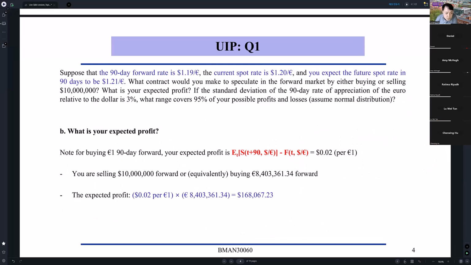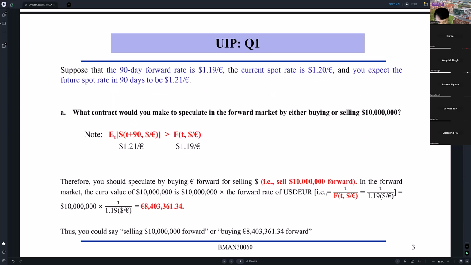Then question 2 asks you to compute what is your expected profit. One thing is missing here, I think. Yeah, okay, this is the one. You need to speculate by buying euro forward for selling dollar. So you are selling $10 million forward.